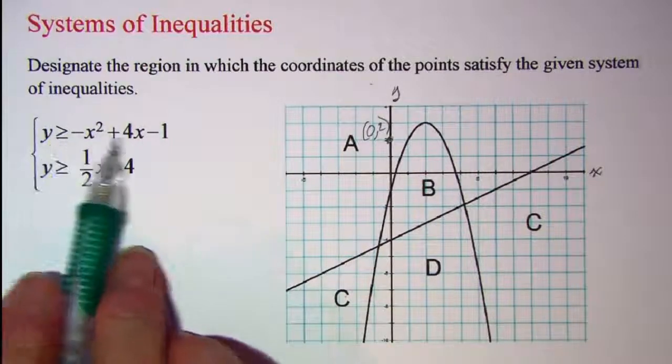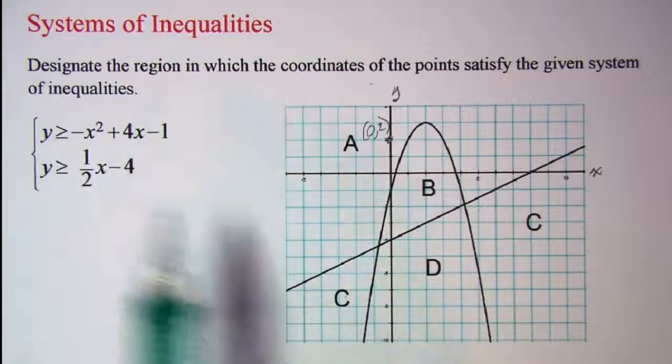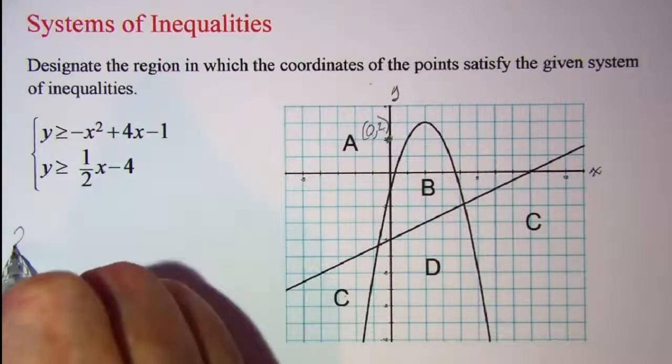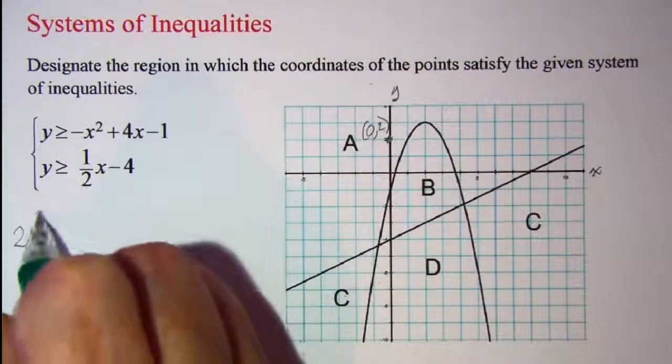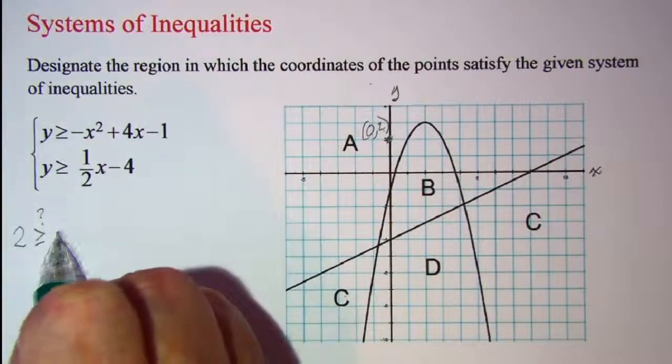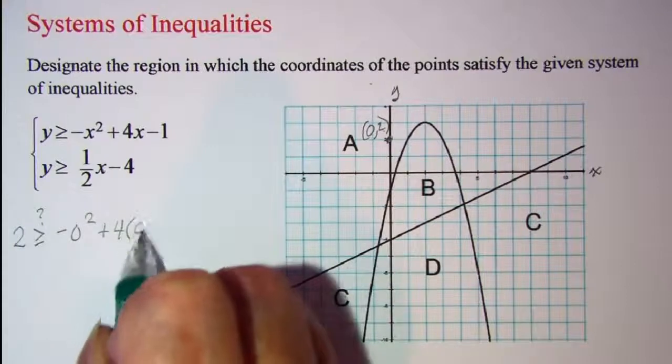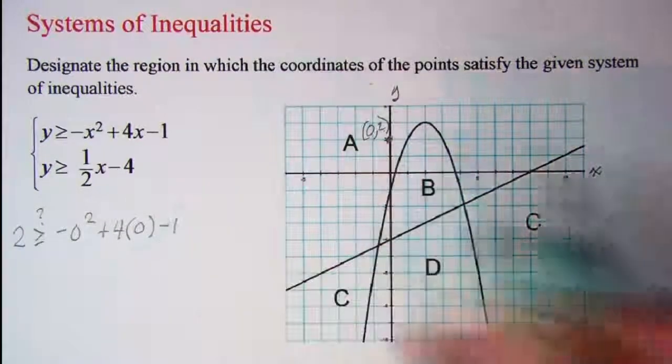So if I put it in my top inequality, my y value is 2. So I have 2 is greater than or equal to negative 0 squared plus 4 times 0 minus 1.